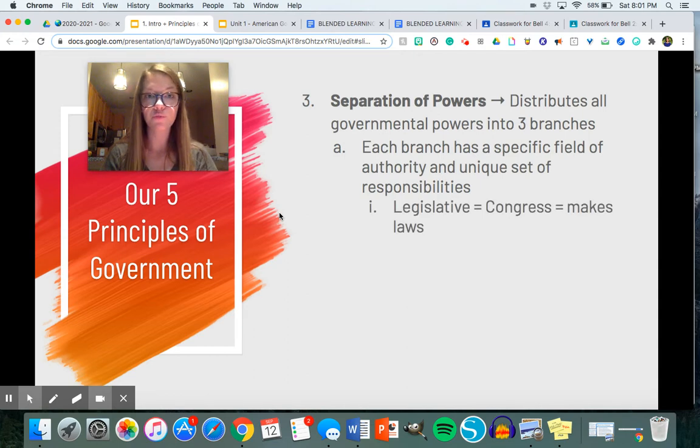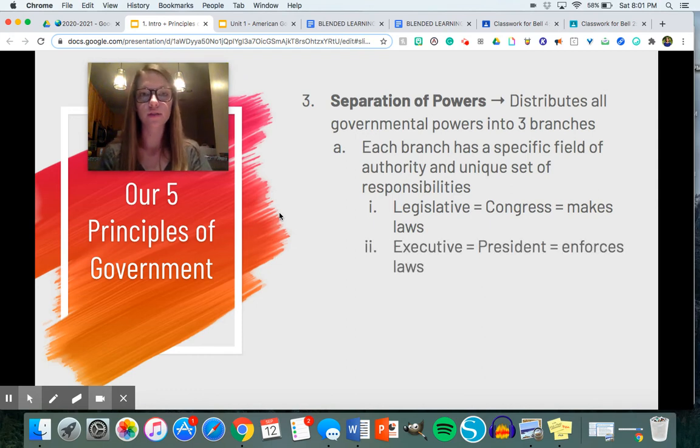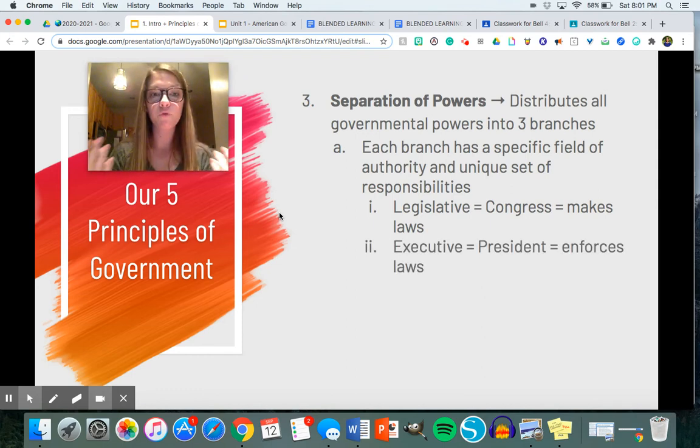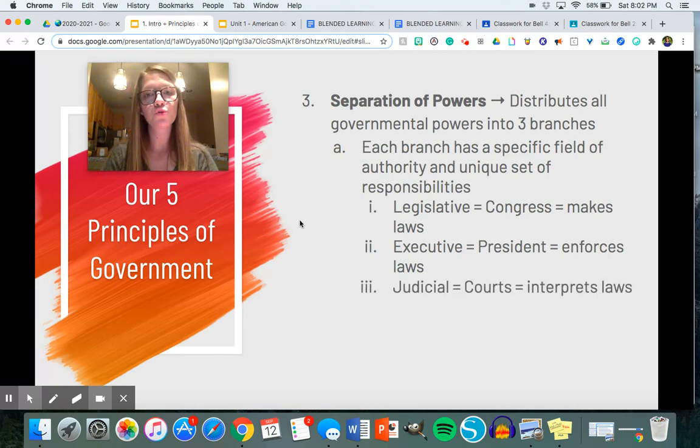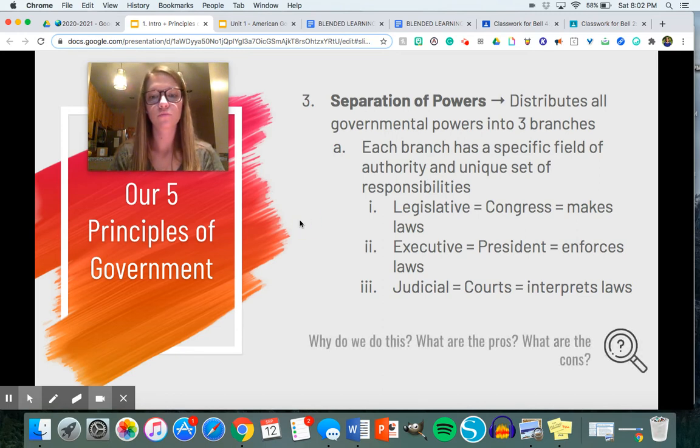Right? The legislative branch, which is Congress, makes the laws. The executive branch, which is the president, is responsible for enforcing the laws, making sure that they're being followed by the people and the government. And the judicial branch, the court system, both the federal, state, and local, interpret the laws to make sure that they are actually constitutional. Okay.